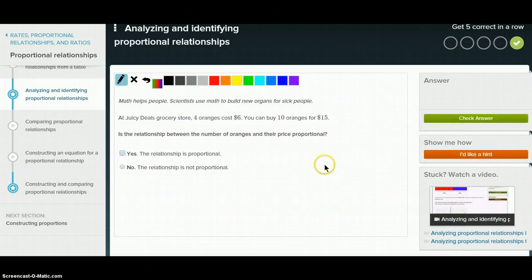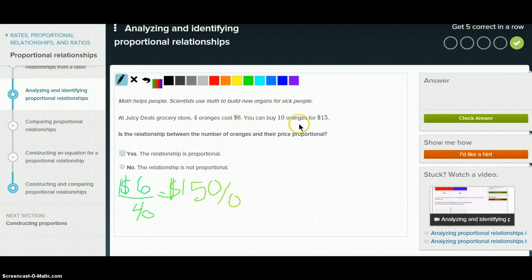Alright, let's try another one. This one's pretty similar. Okay, so 4 oranges cost $6. So $6 will buy us 4 oranges. And that is $1.50 per orange. That's $6 divided by 4 oranges. So this is $1.50 per orange.